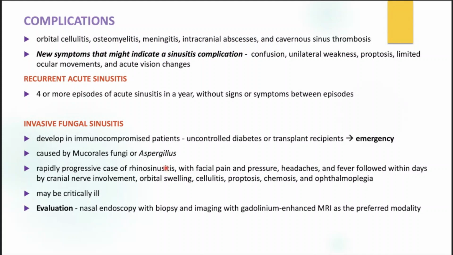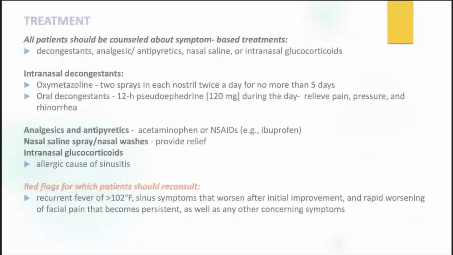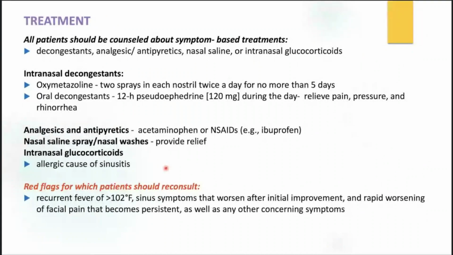These patients are usually critically ill, and evaluation with nasal endoscopy with biopsy and imaging with MRI is the preferred modality for diagnosis. For all patients, they should be counseled about symptom-based treatments like decongestants, analgesics, antipyretics, saline, or intranasal glucocorticoids.